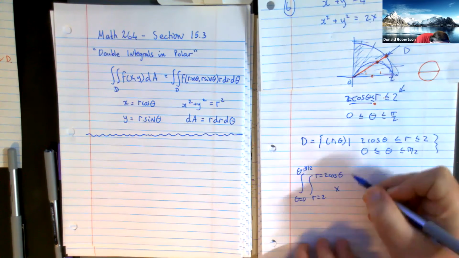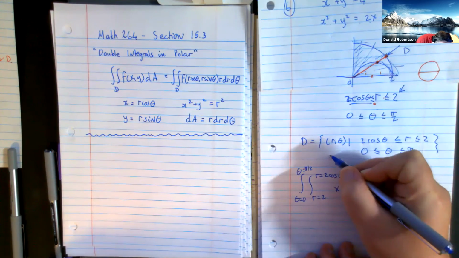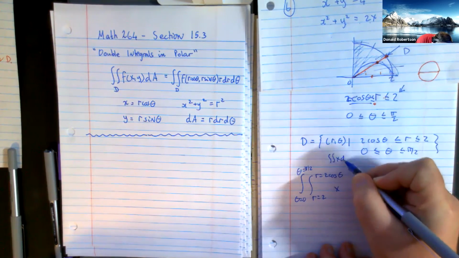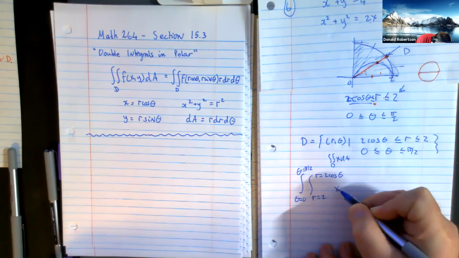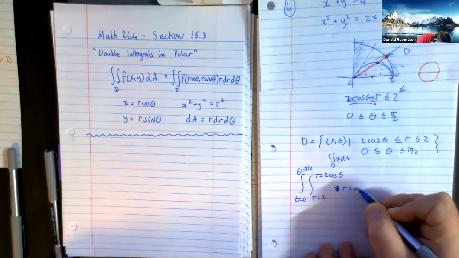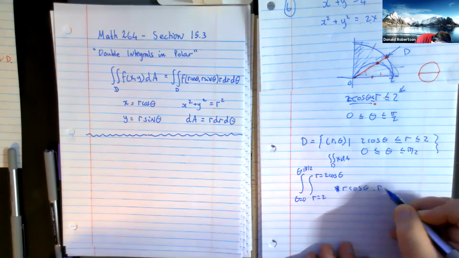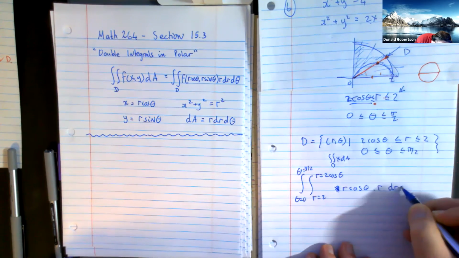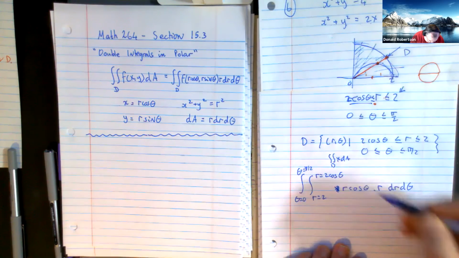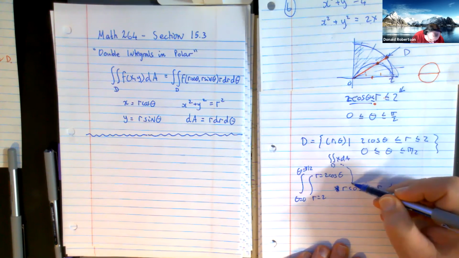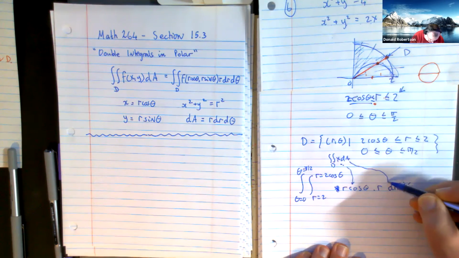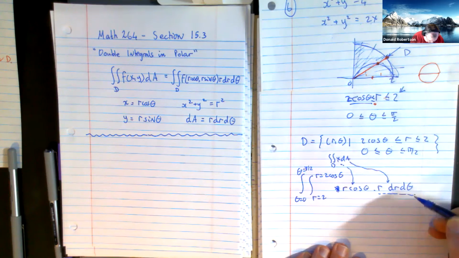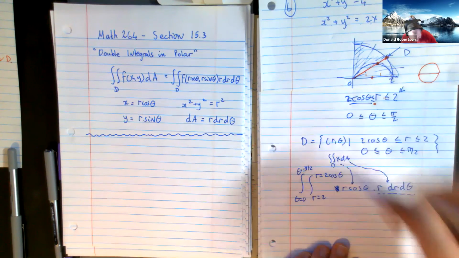So it's the double integral of x dA. The x becomes r cosine theta. The dA becomes r dr d theta. So this is x, this is dA, and these are the limits for D.